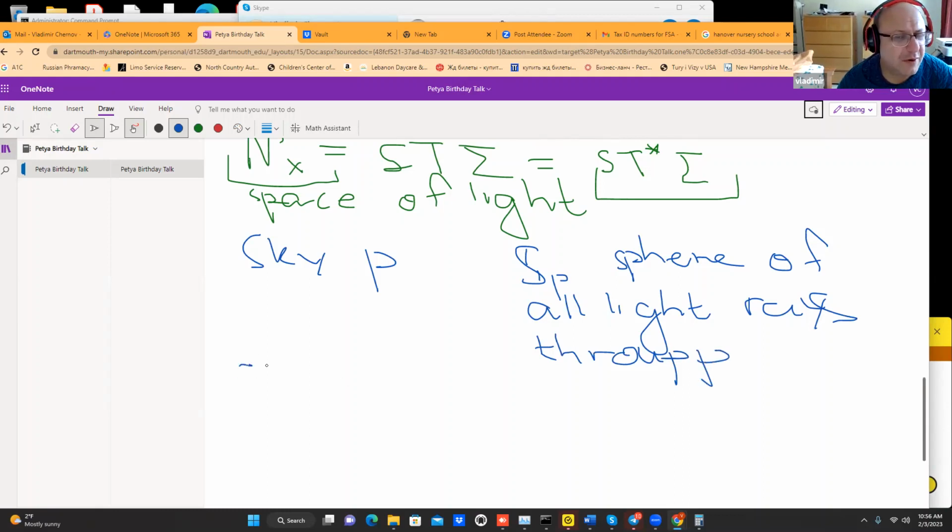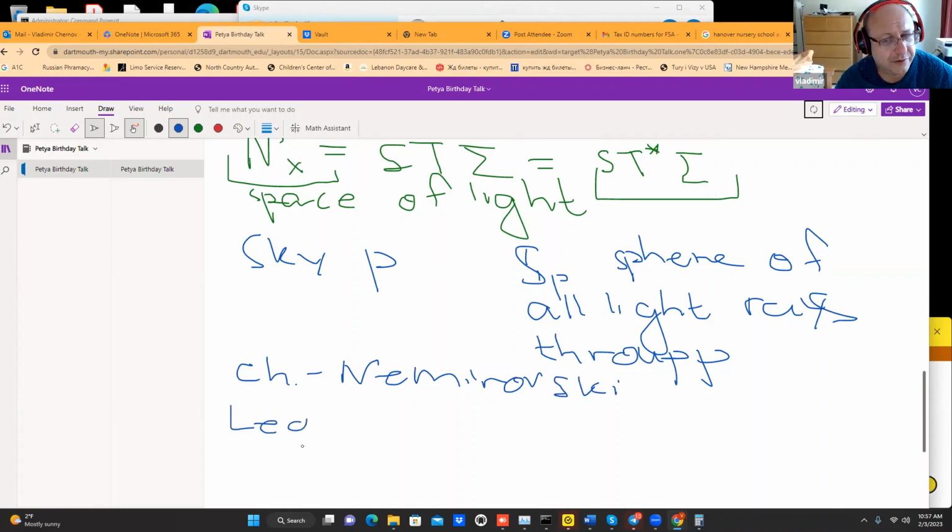And jointly with Nemirovsky, we proved a bunch of theorems which say that Legendrian linking of the spheres completely determines causality.